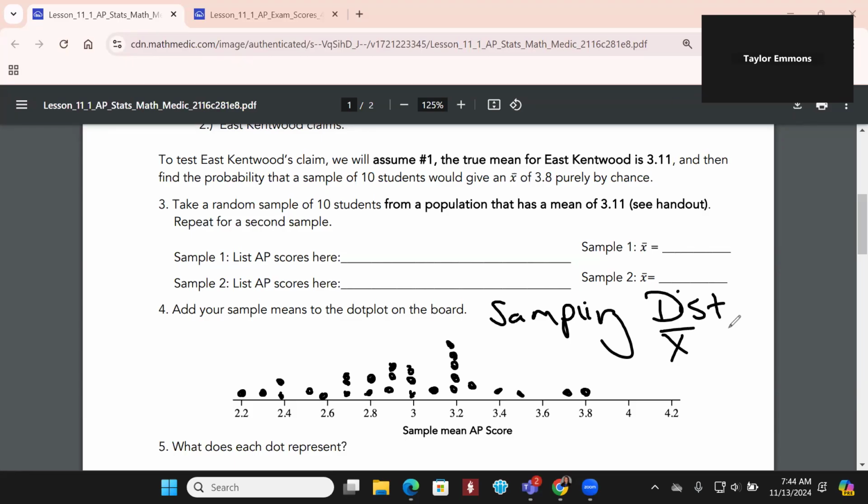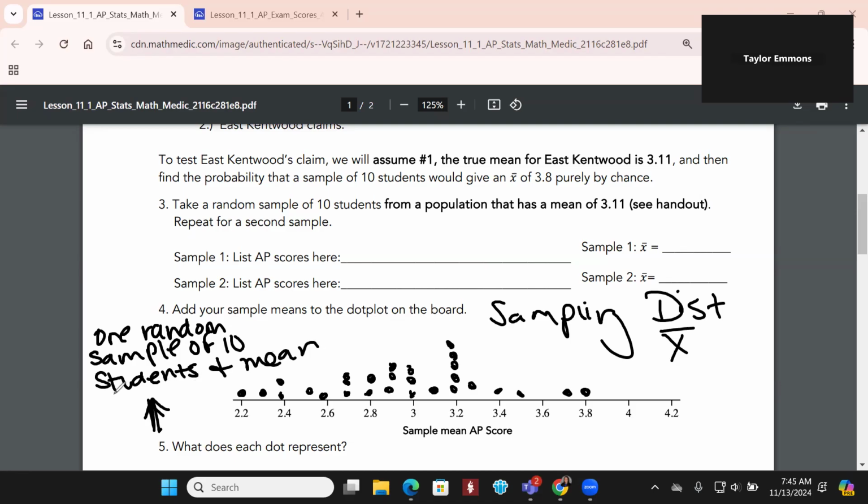So what does each dot represent? One random sample of 10 students and the mean calculated from that sample.